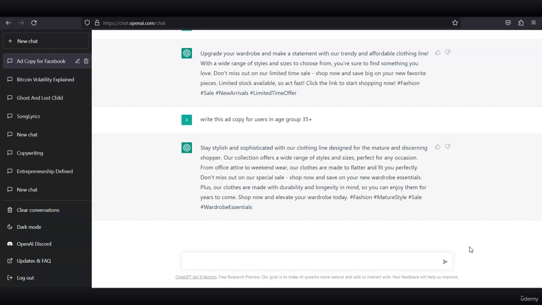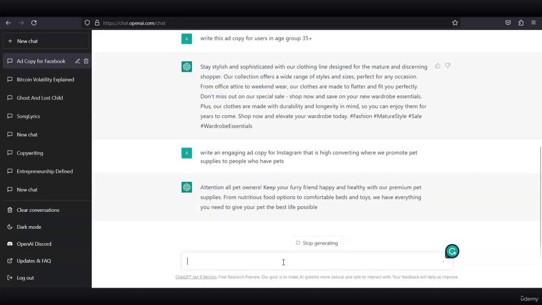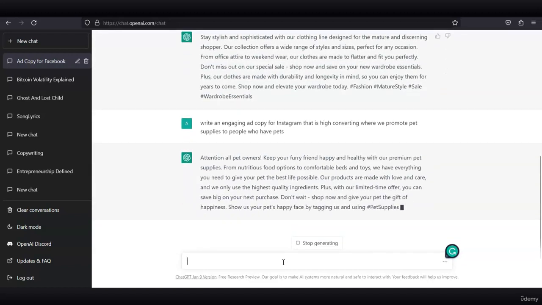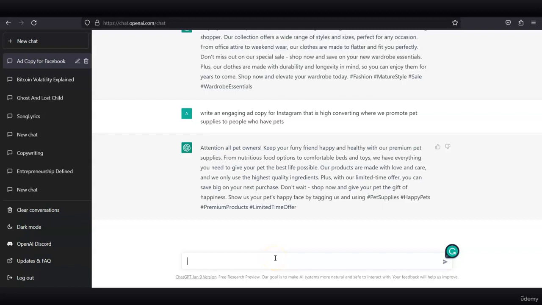So if you have a target audience in mind, or the client wants an ad copy for a specific product, you can write those specifics in ChatGPT. Let's say that we had a client that sells pet supplies.